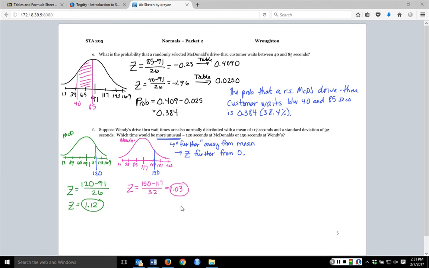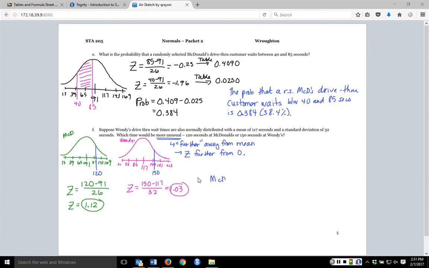This goes back to the very first types of examples we did in the normals packet 1. All we can do is compare these two z-scores and know exactly which one's more unusual. Since this one is further from 0, the McDonald's time is going to be more unusual. So whichever one is further away, in a sense, whichever is more standard deviations away, is the one that's going to be more unusual.